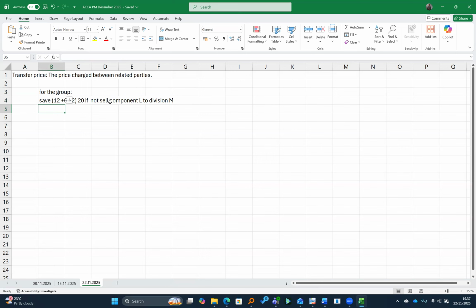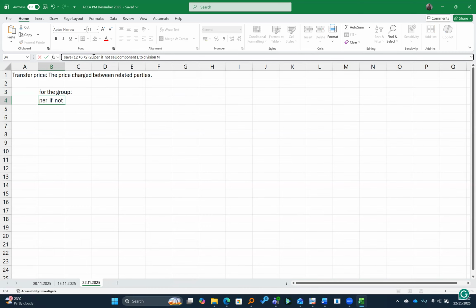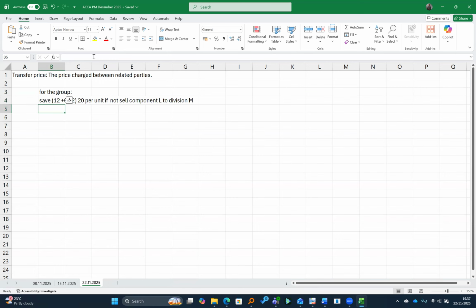So we shall save, this is per unit, okay, per unit. But then the company now will incur 37 to buy from outside. Okay, so that's how it will work.